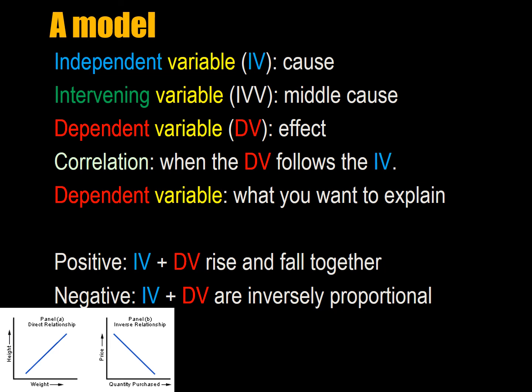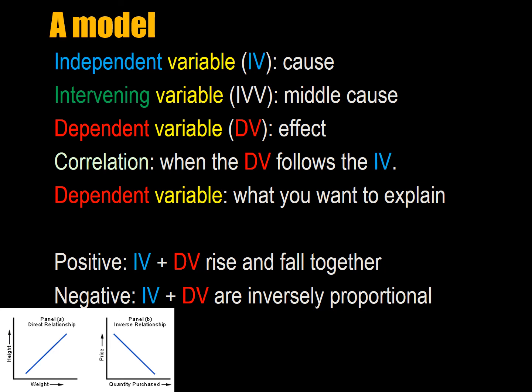Next we have the dependent variable. This is the effect. Again, it's a variable. It has to change values. For example, in this class, the variable we'll most commonly focus on is the variable of war, which implies non-war. Not necessarily peace, but a state other than war. So we have to have that variation.